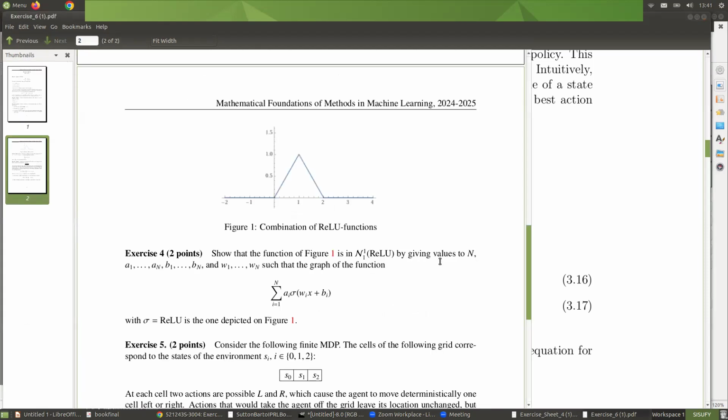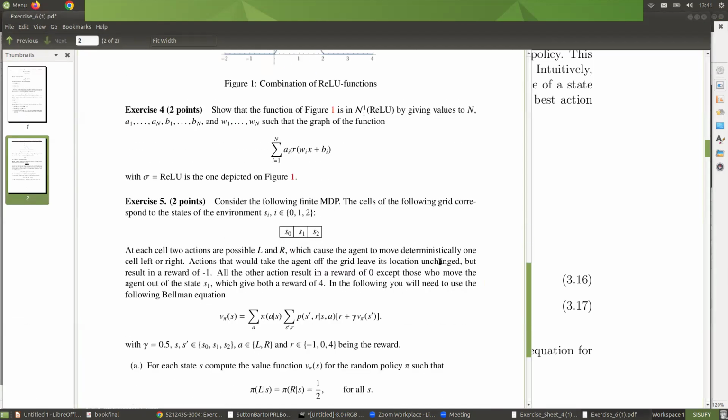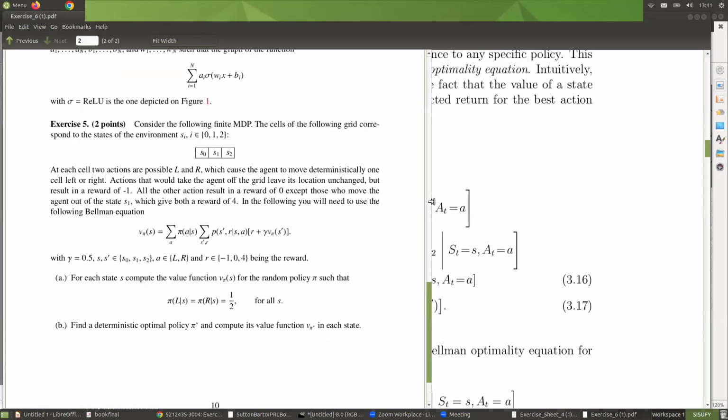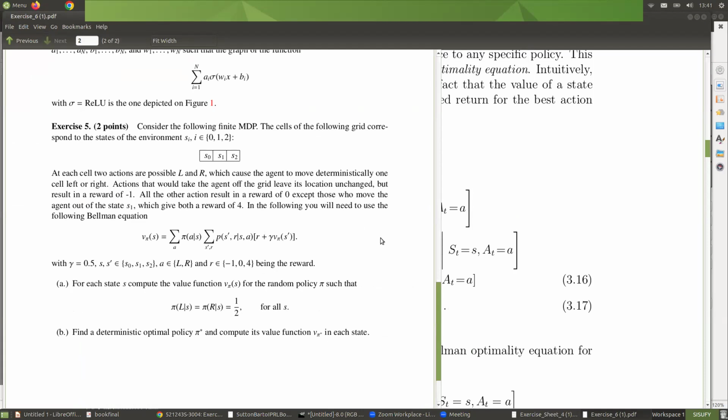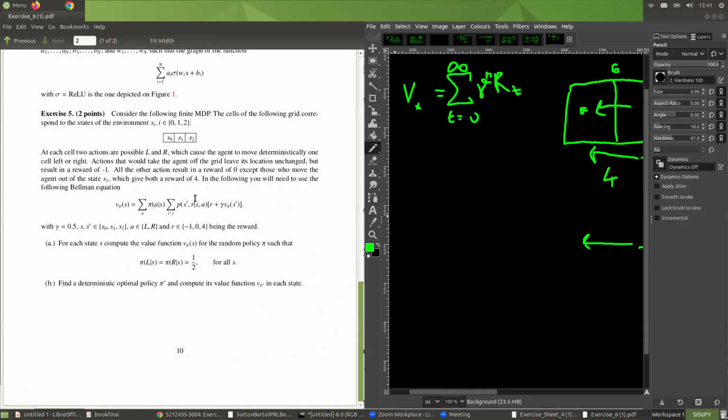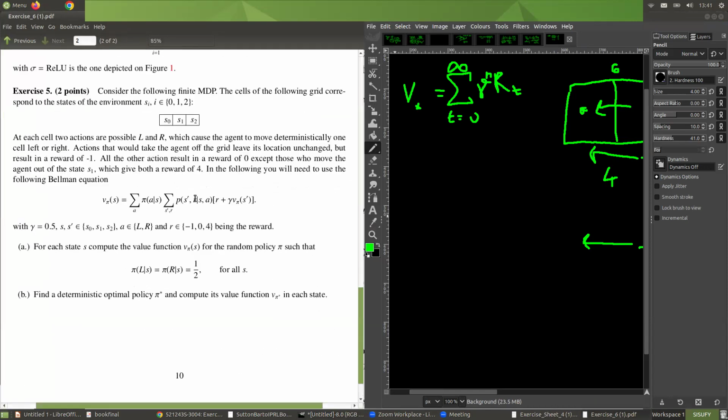Okay, let's look at that. Okay, I get it. So let's calculate this probability. I'll give you an example, because I shouldn't be solving the entire exercise for you. Let's see what it says.